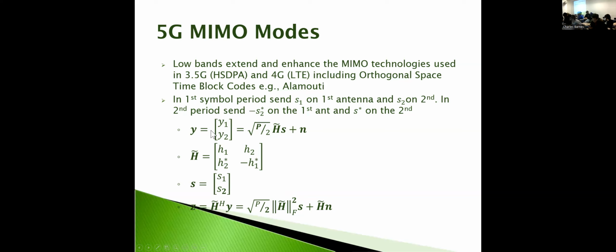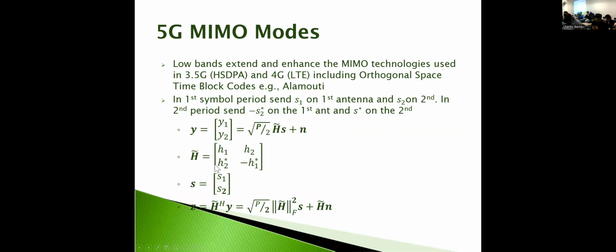Our receive vector is going to receive Y1 and Y2, and it's going to take that symbol vector of S1 and S2 and multiply it by the estimated channel, and it's going to get scaled by power. There's going to be some noise along with it, right?